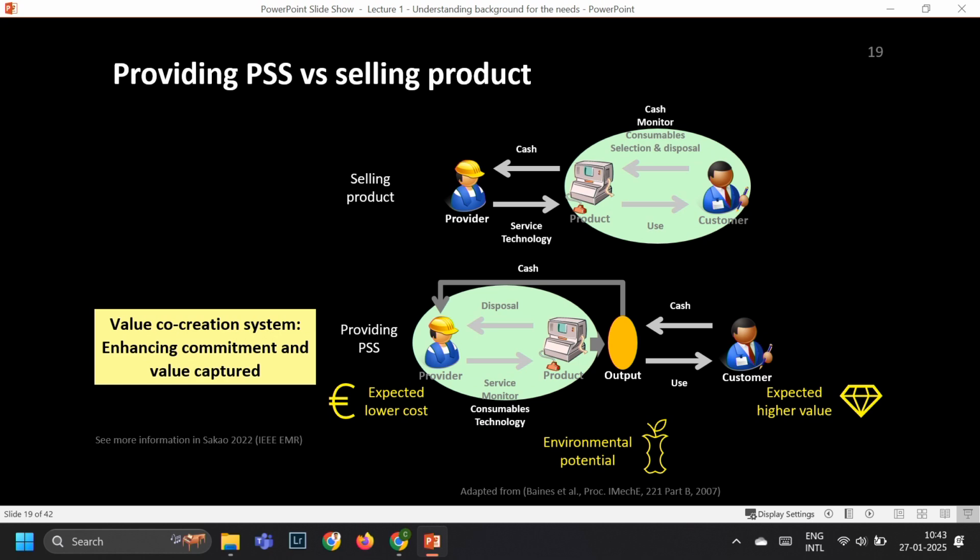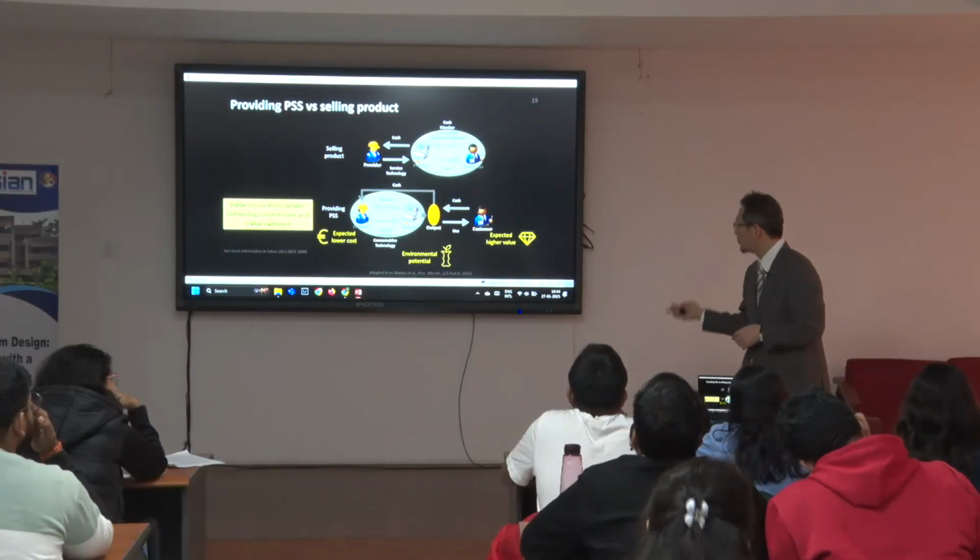And one of the implications of this is that more types of actors should be involved in a PSS business compared with a product sales business, which means that you are expected to create a value co-creation system, a sort of business ecosystem, where the manufacturers' and providers' commitment should be enhanced, and also in return, they have a higher potential to get more value captured, both for the provider and for the customers as well.